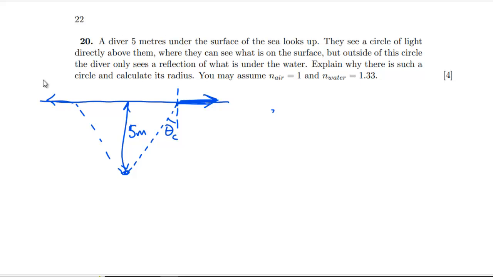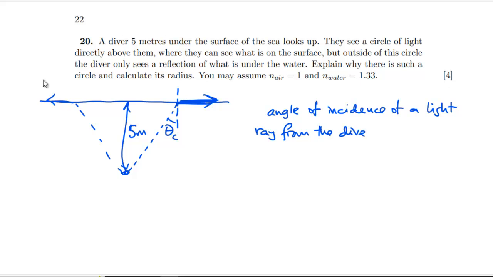So you can say something like the angle of incidence of a light ray from the diver to the edge of the circle is the critical angle, is theta c.